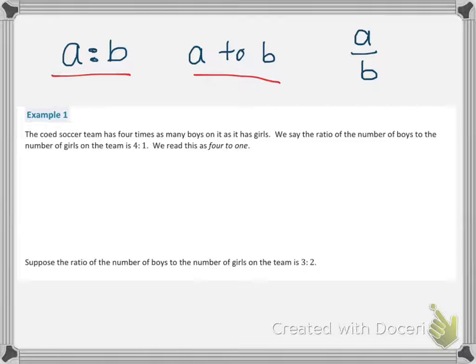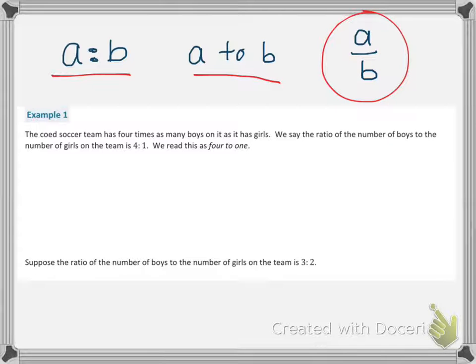And most of the time, we're just going to write it in fraction form because as we move through these lessons, we're going to want to calculate with these ratios, and having it in fraction form kind of lends itself to calculation. So we're going to see that quite a bit, but all three of those are possible ways to write a ratio.